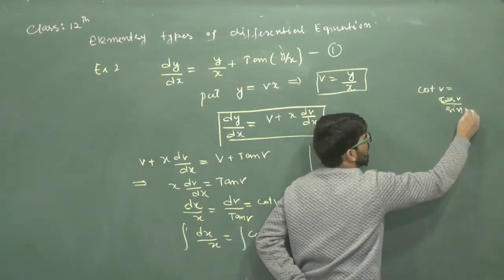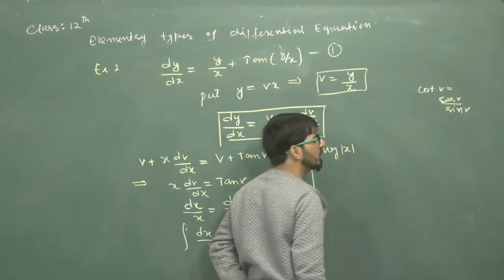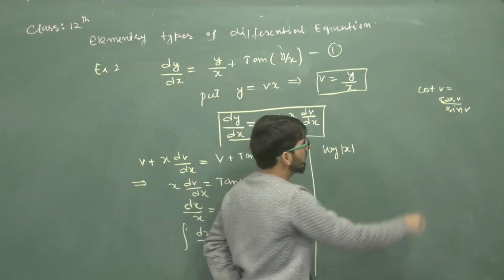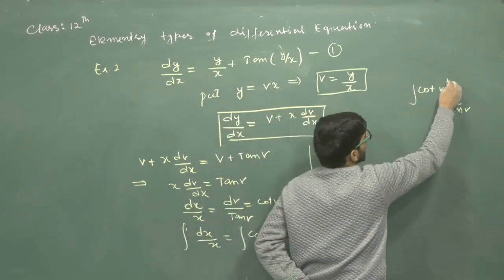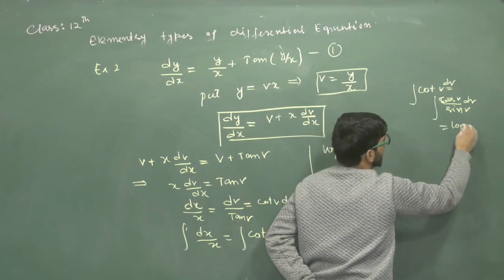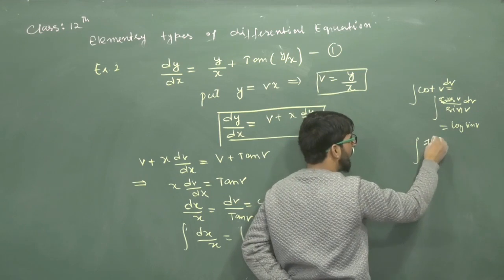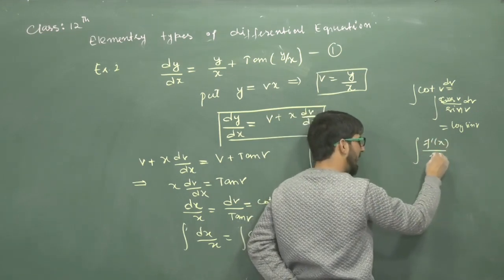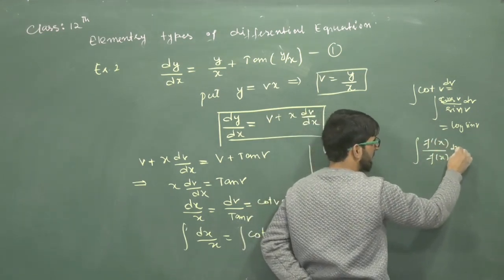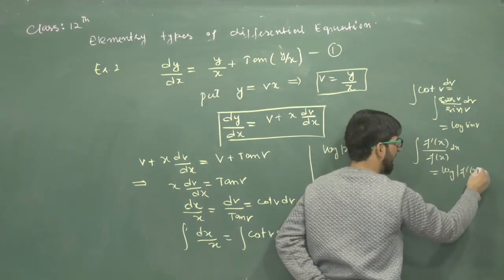Here the numerator is the exact differential coefficient of the denominator, so the integral of this will be log of sin v, because we know that integral of f dash of x divided by f of x dx is log of modulus of f of x.